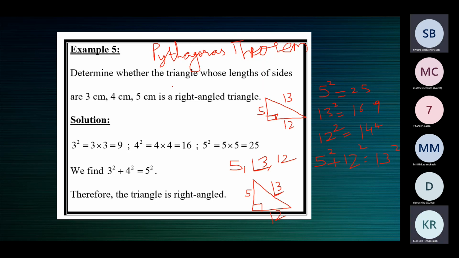Matthew, read out what you have written. Shall I? No, 1 minute, Swati. Thank you. Deepshika, can you read out what you have written?